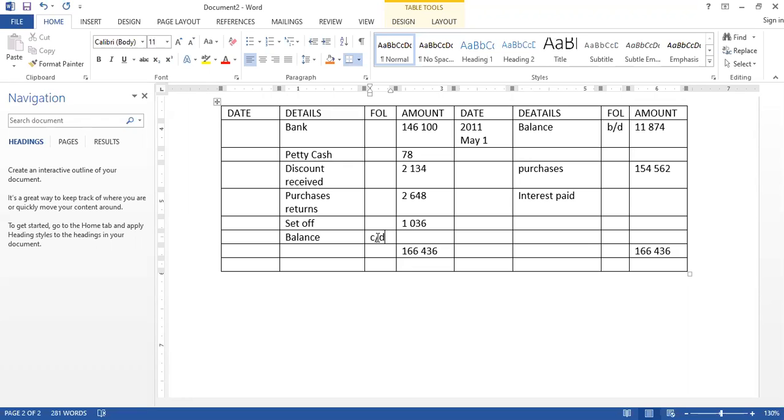Okay, how much are you guys getting? Anyone doing the calculations to see how much you got? Because I'm not getting the same amount. 2648. Anyone doing the calculations?